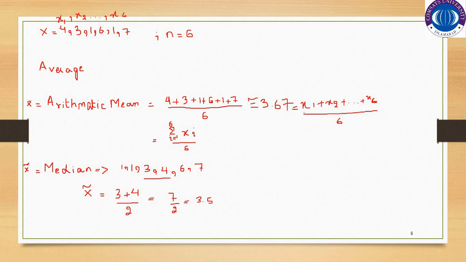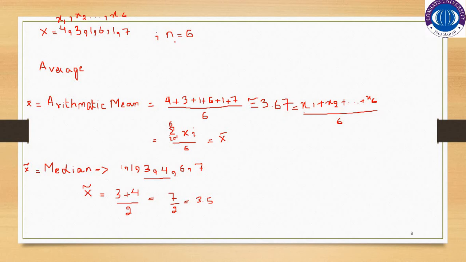As I started the arithmetic mean by taking a numerical data set, if you want to represent it without the help of the numerical data set, this is the way to represent the arithmetic mean, which is x bar. As we have taken 6 data points, you can have more than 6 data points. It could be 7, it could be 8, it could be 10. Let's suppose they are n.